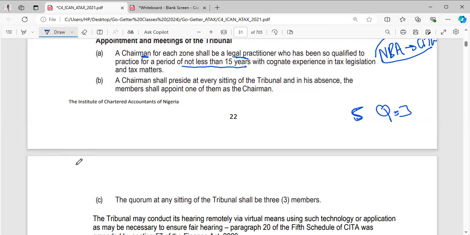Sometimes, if there are 4 and there is a tie, the chairman's vote can be counted twice. But when there are 5, they are also going to have a majority. So 3 is the minimum for any sitting. But I've seen that at most tax appeal tribunal sittings, all the 5 members usually sit.